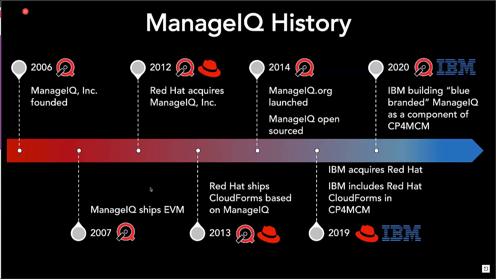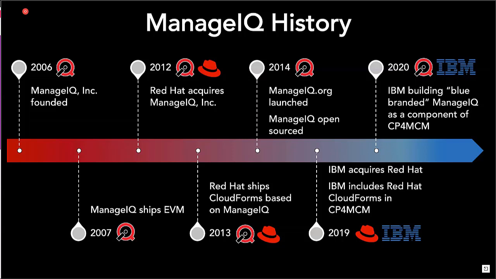Hi, my name is Oleg Barenboim, and I was originally the co-founder and CTO of ManageIQ Inc., on which CloudForms is based. So just a little history to get everyone up to speed. ManageIQ was founded in 2006. We shipped our first product in 2007. And in 2012, it was acquired by Red Hat. It was not an open source product at the time.